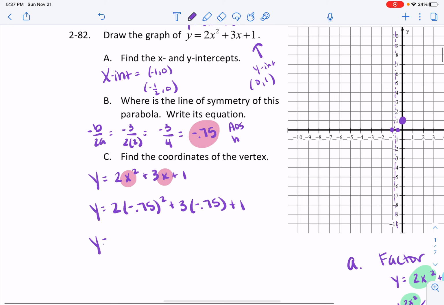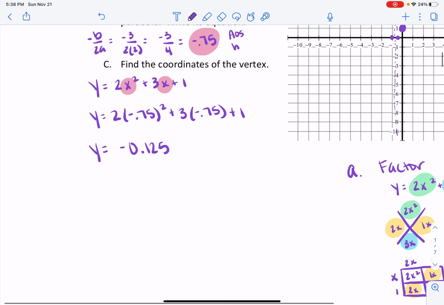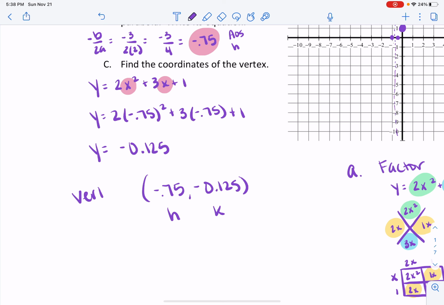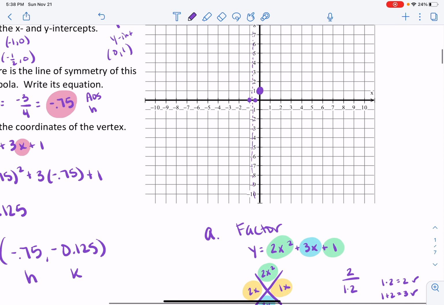Type that into your calculator. You should get negative 0.125. So that means your negative 0.75 and negative 0.125, that is our h and that is our k. So that is our vertex.